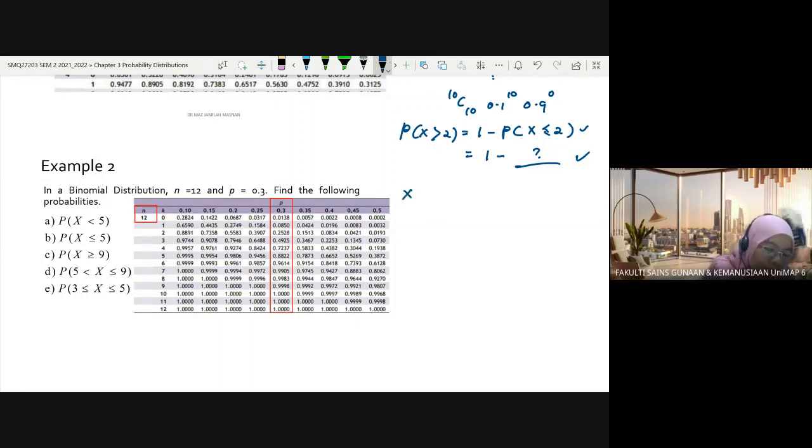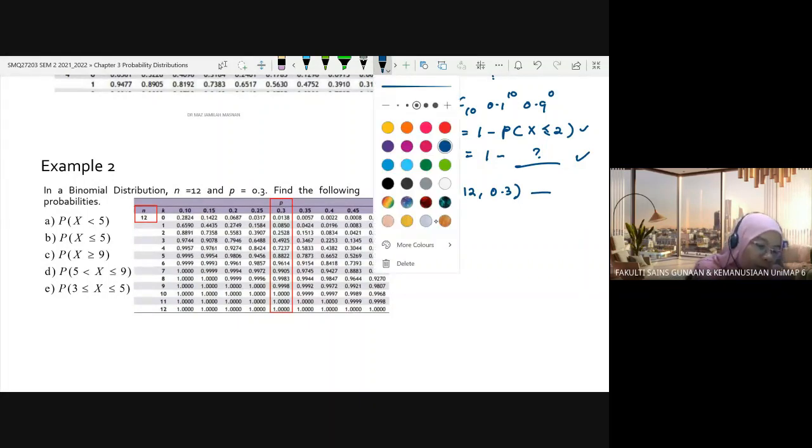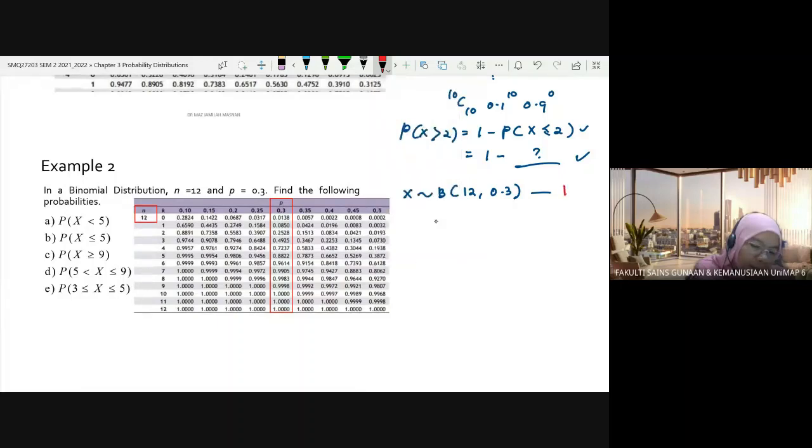So we can write X is distributed binomial with number of trials 12 and probability of success 0.3. In an open-ended question, this usually gives you 1 mark. Then finding probability X less than 5.